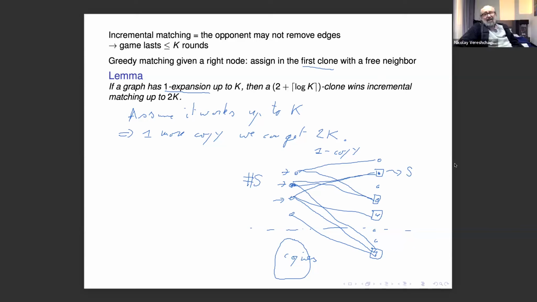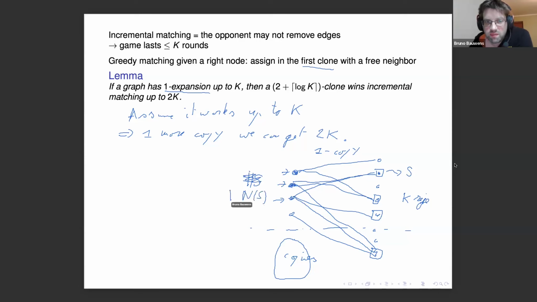So if we have K rejected nodes here, K nodes that are not matched in the first copy, then the neighbors of these K nodes are nodes that were matched in the first copy. So the set of all neighbors of this node is at least K. So here we have neighbors of S is at least K by one expansion.